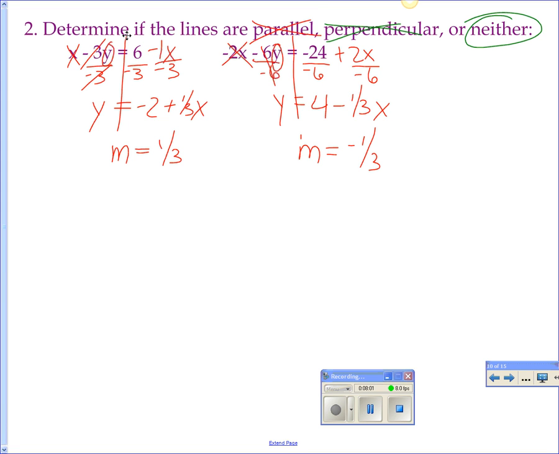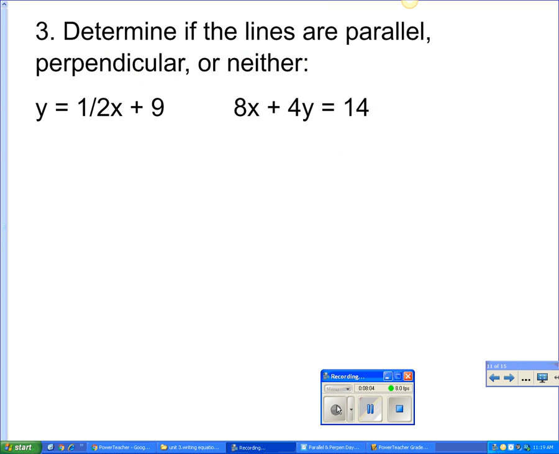Yes? Number 3, determine if the lines are parallel, perpendicular, or neither. Andrew, tell me about this line. Thank you. Julius, tell me about this line. 8x plus 4y equals 14.